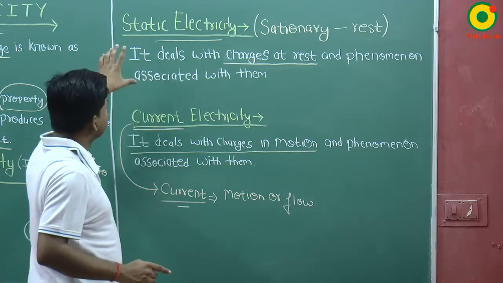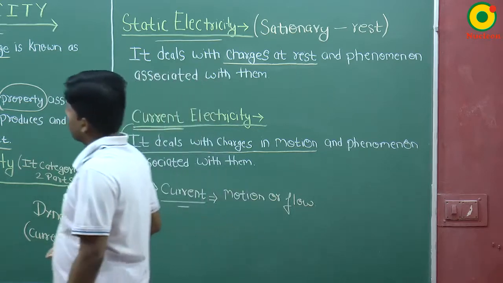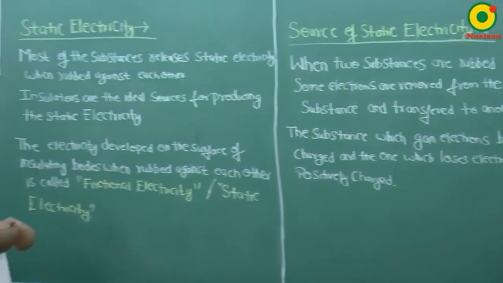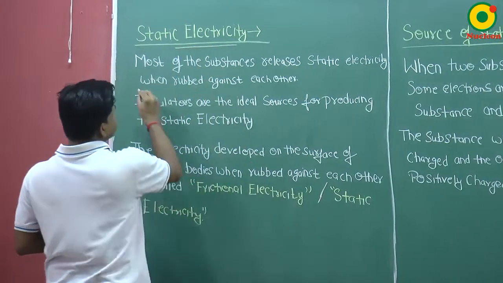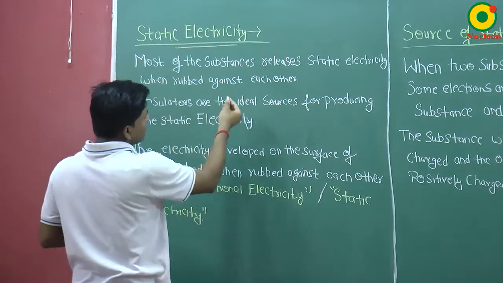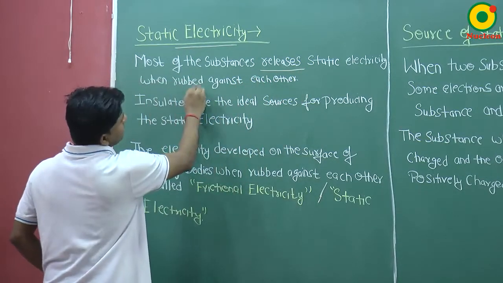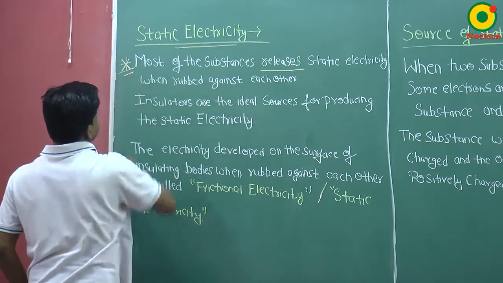Let's start with static electricity first. Most of the substances around us release static electricity when they are rubbed against each other. That is the very first point about static electricity.